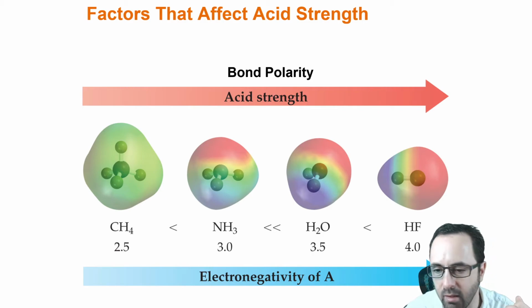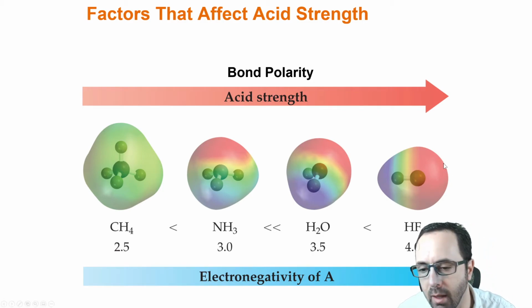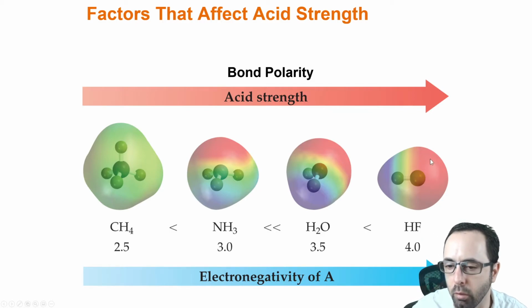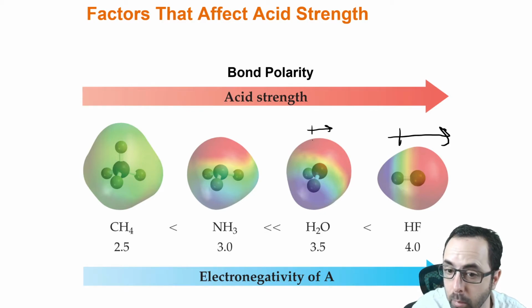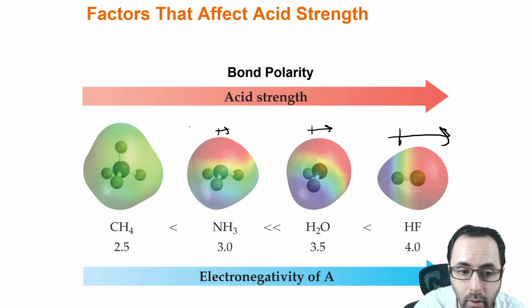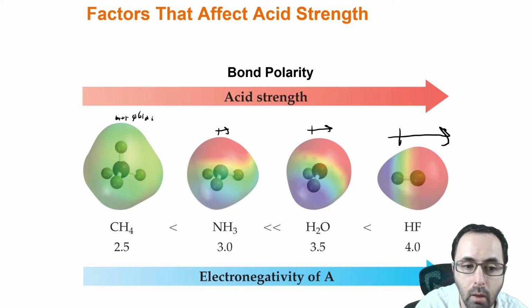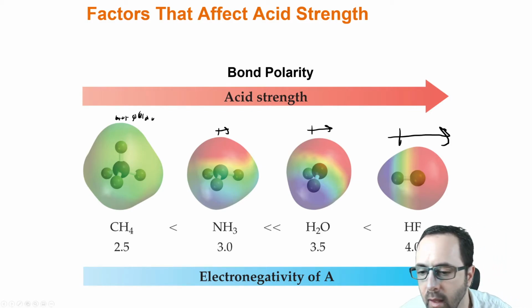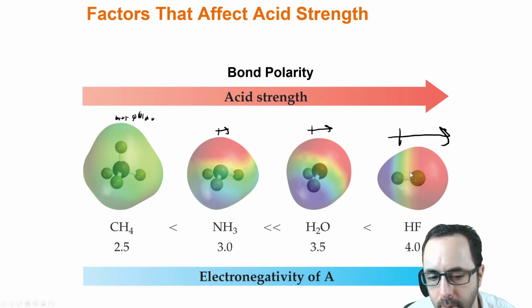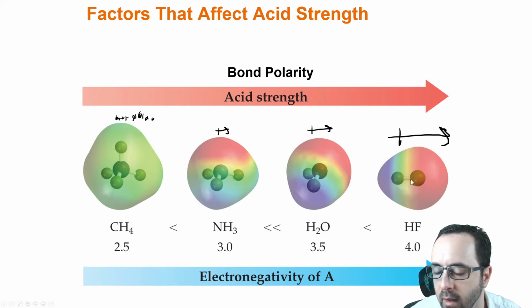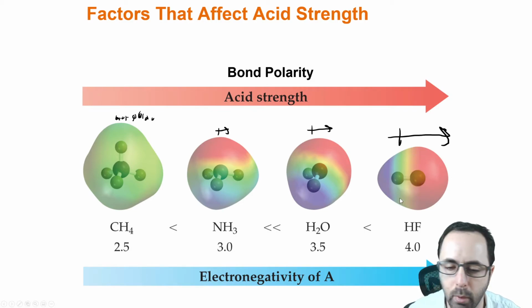The reason for this is something you're going to learn more about in organic chemistry: the more polar a bond is, this HF being the most polar, so this is a super polar bond, whereas this one's less polar, still pretty polar. This one's like tiny polarity, this one's like no polarity, not polar at all. And so the more polar a bond is, the more likely it is to break. And this is because the electrons are being pulled all to one side, which weakens the bond.